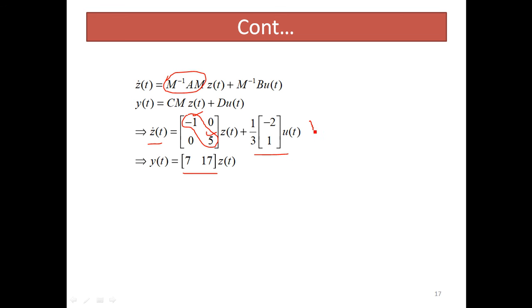So this is your diagonalized state equation, and this is the output equation of the new system, which is in diagonal form using the diagonalization method. So this is all about diagonalization and use of diagonalization.